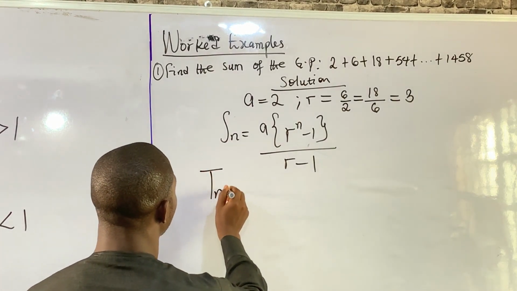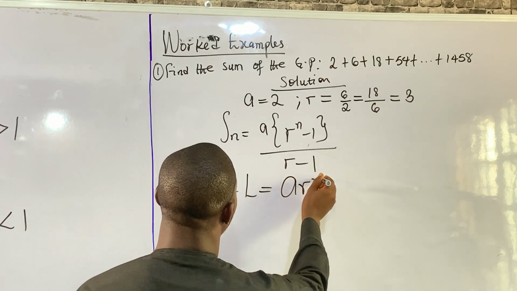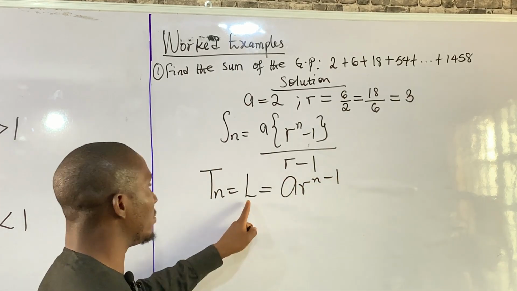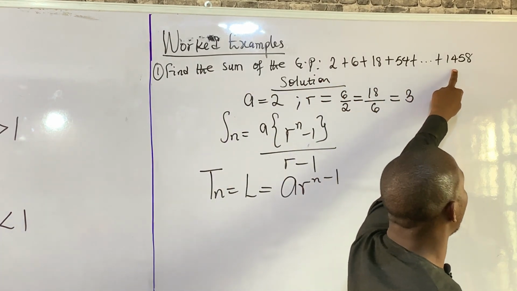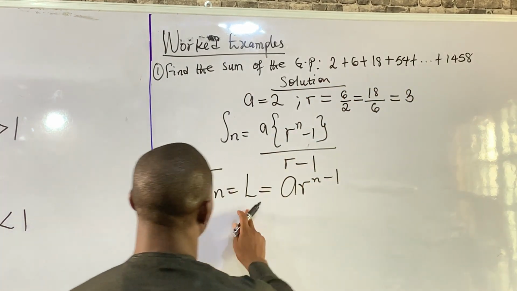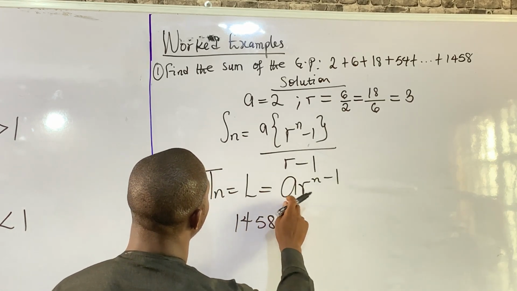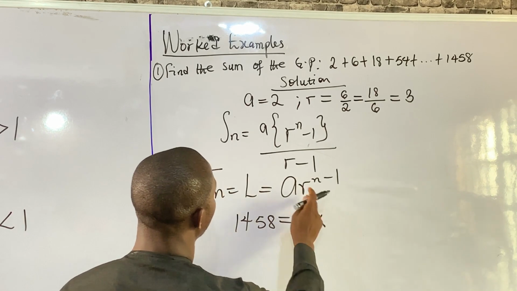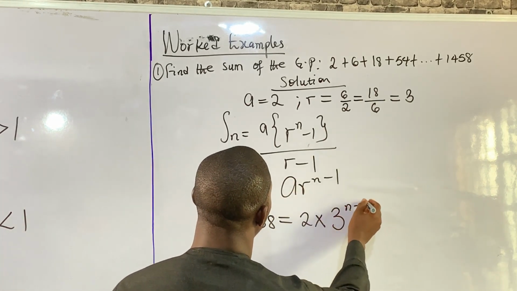Tn, which is the same thing as the last number, equals a r raised to power n minus 1. We have been given the last number from the series. Look at the series, the last number is 1458. So 1458 equals a, which has been given to be 2, then r, which is 3, raised to power n minus 1.